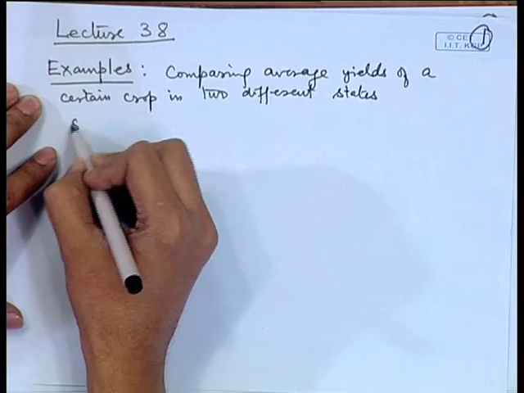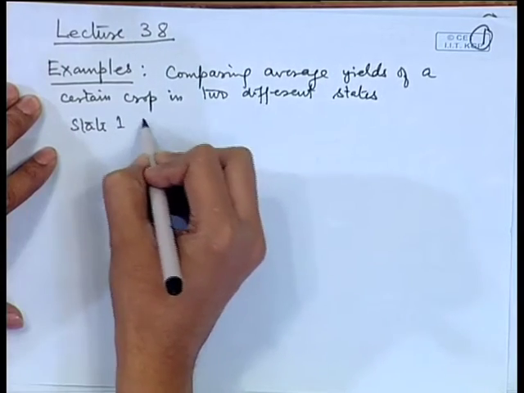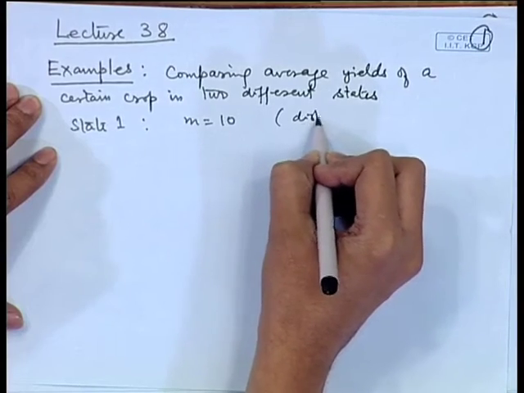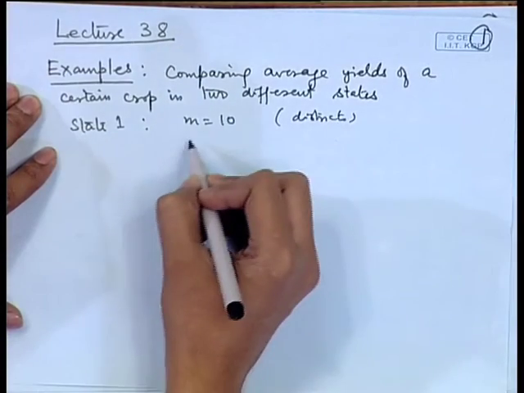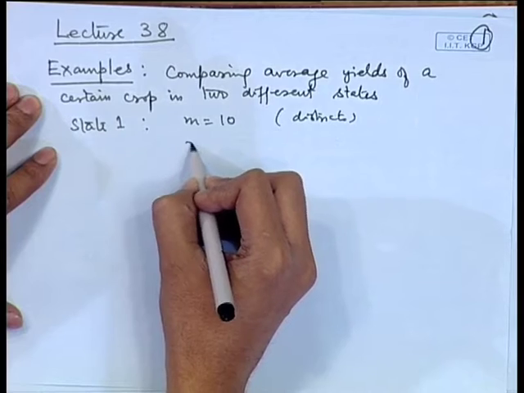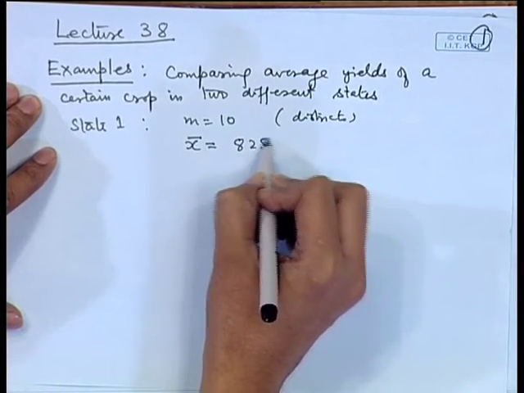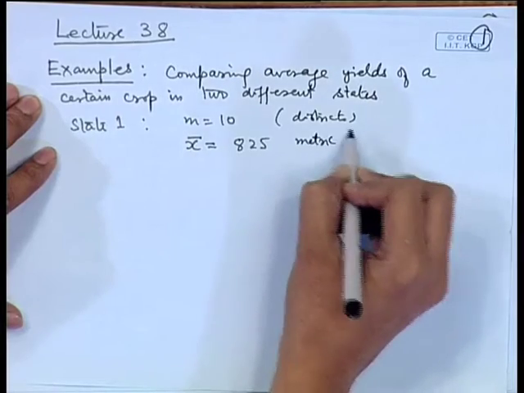So, in state 1 we considered, say, 10 districts, and on the basis of the random sample we observed that the sample mean turns out to be 825 metric tons.